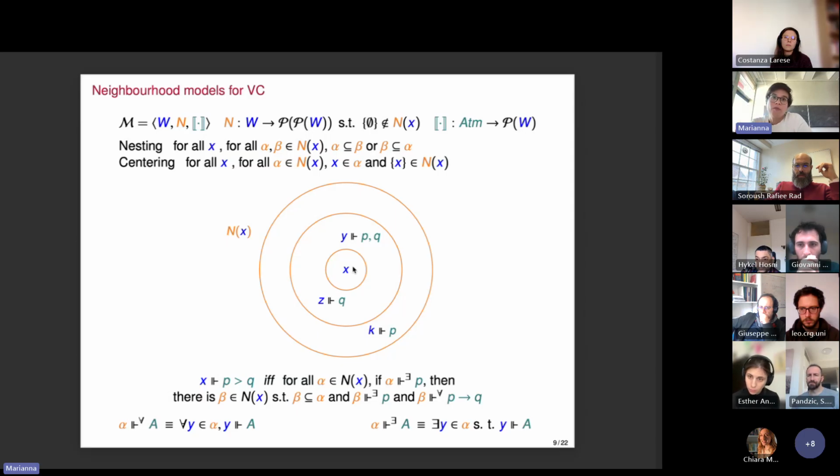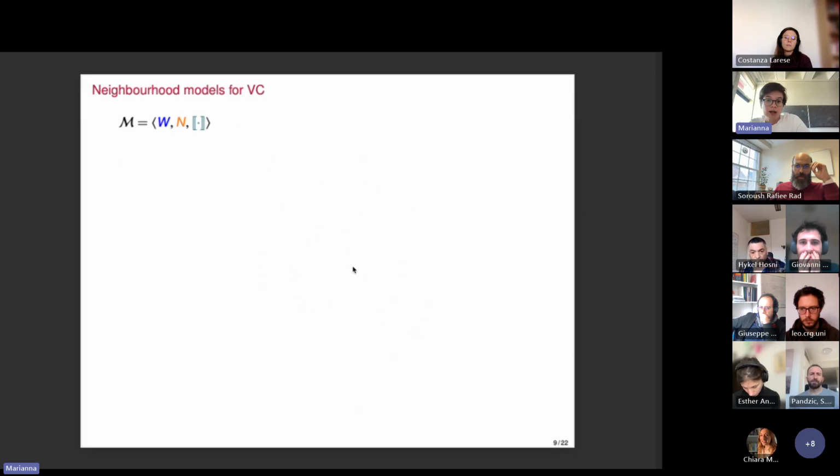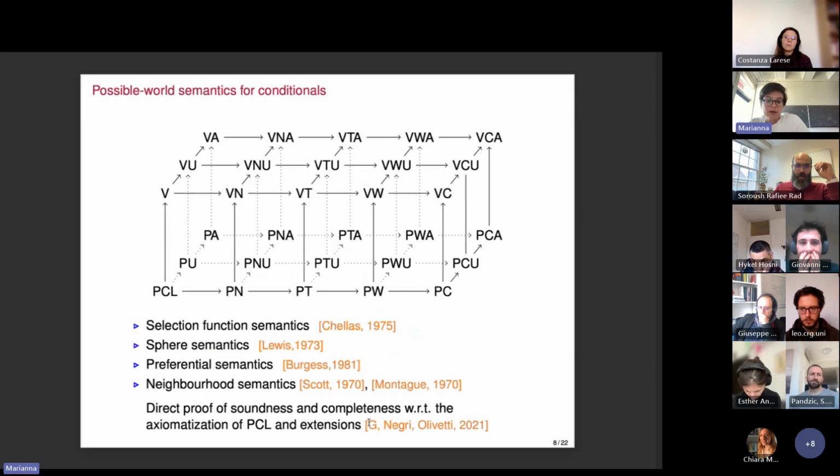And vice versa, if you have a preferential model, you can construct the sphere model. And basically what we had to do, sorry, I'll go back. What we have to do here in this paper to define neighborhood semantics also for the lower part of the lattice, we had to do the same thing for preferential models in which the order is not necessarily a total order.